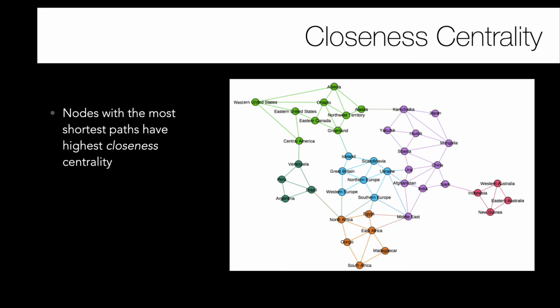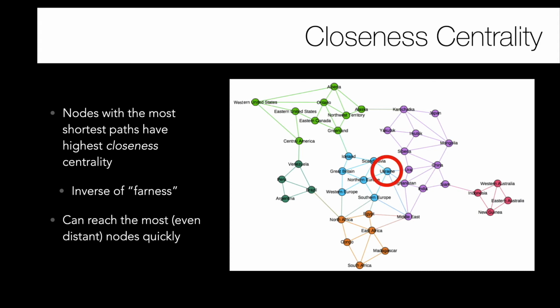Then that node is somehow close to all other nodes in the graph. You can think of this as an inverse of the idea of farness, a node that is in general far from all other nodes in the graph. You invert that and you get the idea of closeness.